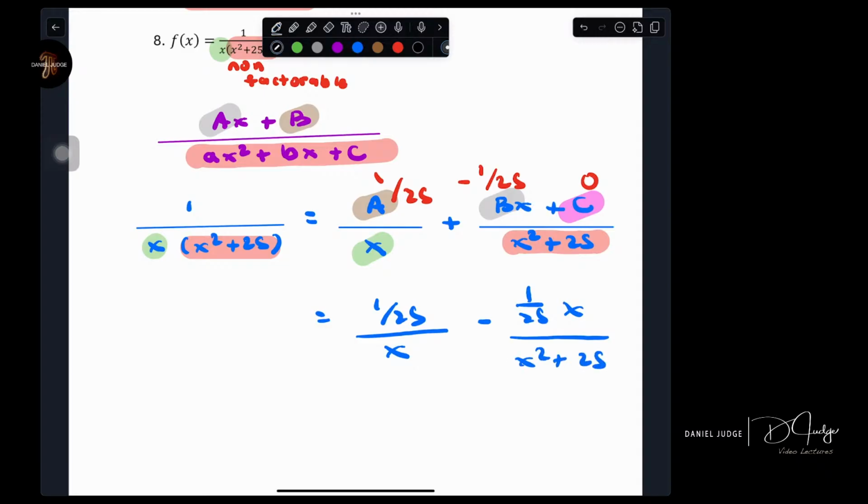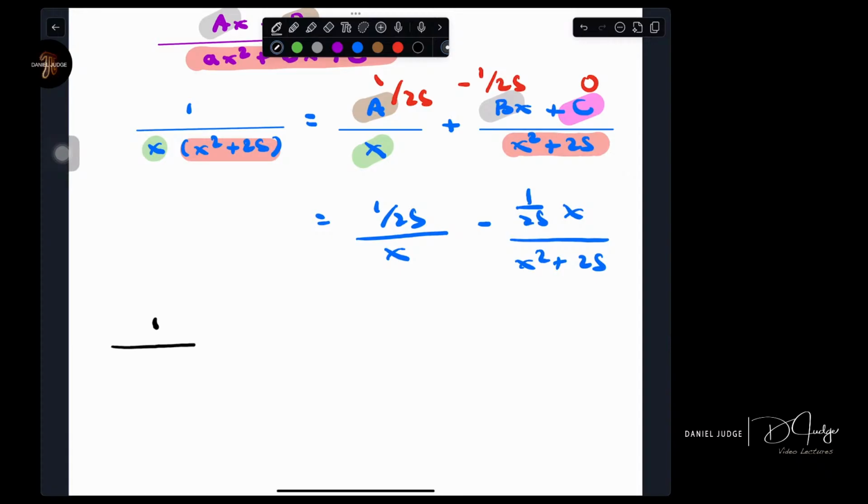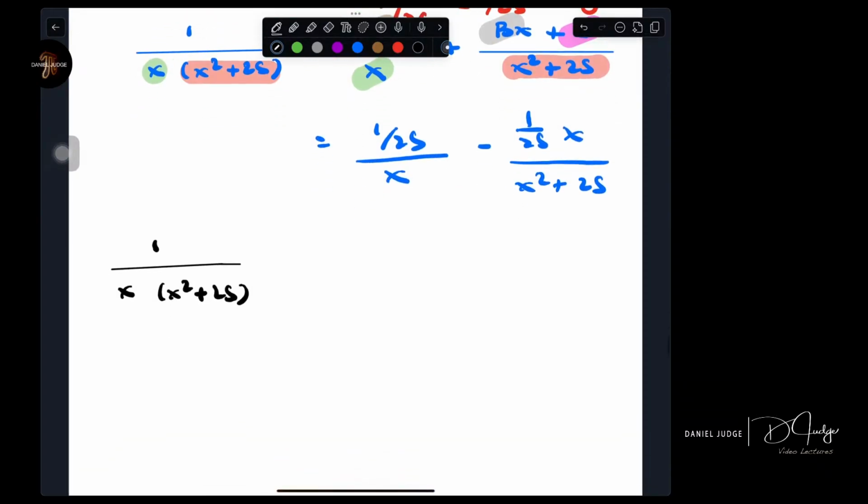Now let's put this all together. 1 over x squared plus 25 will equal 1 over 25x minus 25 down here, x squared plus 25.